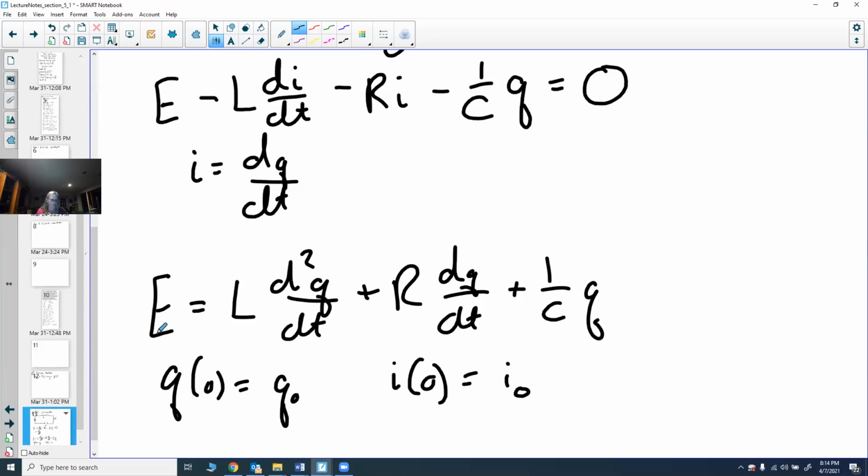E is what is considered your electromotive force. If you have no E, then your electrical vibrations are free. If you have an E, then you have some forced vibrations going on. And you can also have critically damped, overdamped, and underdamped with this too. So those are some applications that produce a second order differential equation.